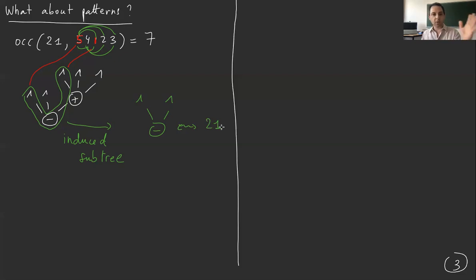Okay, so the number of occurrences of pi, more generally, the number of occurrences of pi in sigma, it's just the number of subtrees.